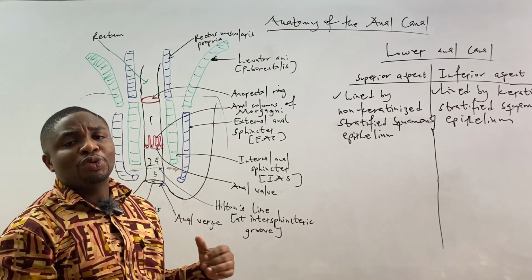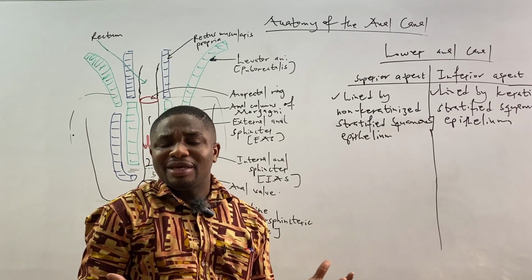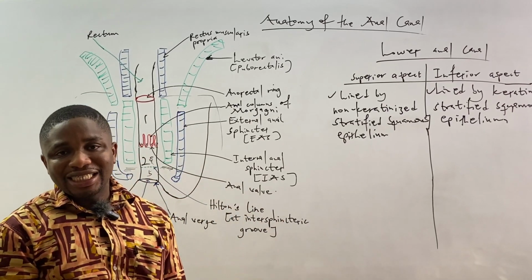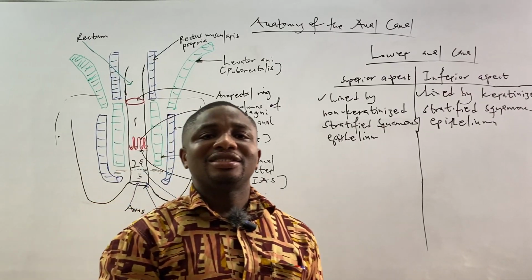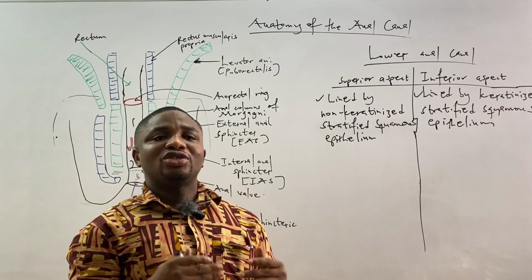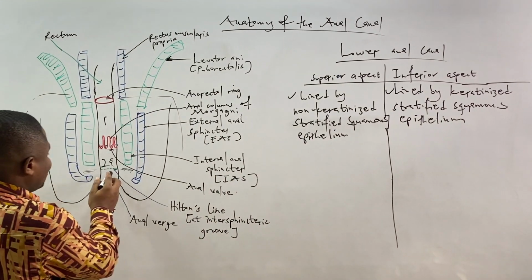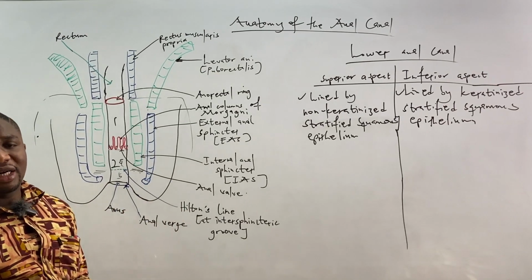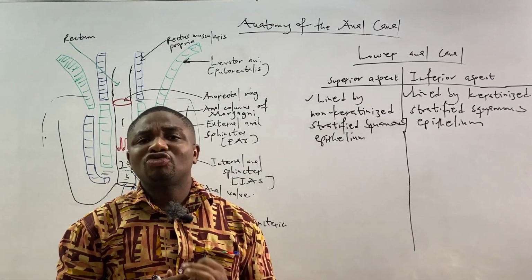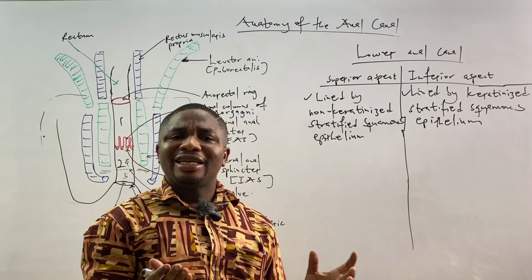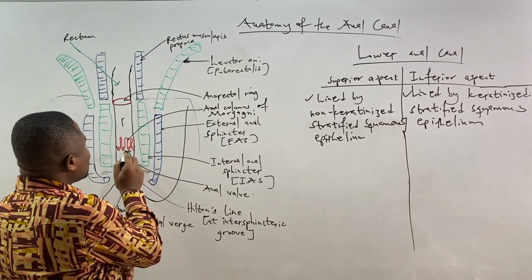And you should know that the superior aspect of the lower anal canal, which is immediately below the dentate or the pectinate line, is lined by non-keratinized stratified squamous epithelium. But if you take the inferior aspect, which is here, of the lower anal canal, it is lined by keratinized stratified squamous epithelium.